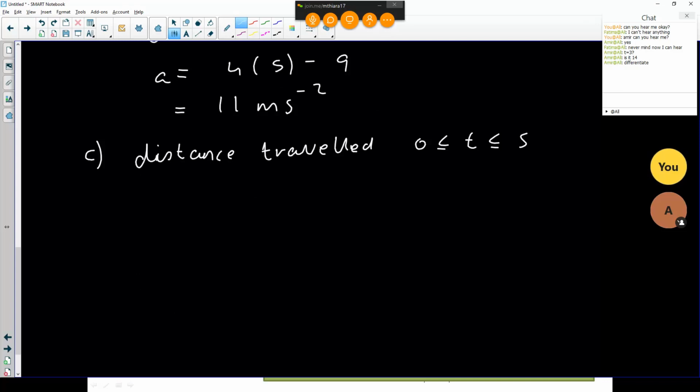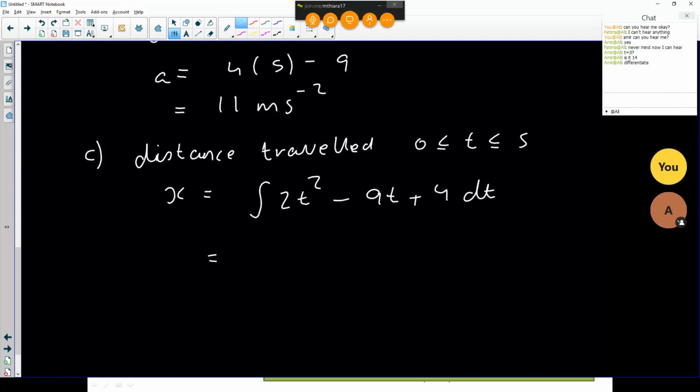So the distance is going to be, because it's a definite integral, I don't need to worry about the constant. So it's going to be the integral of 2t squared minus 9t plus 4 dt.